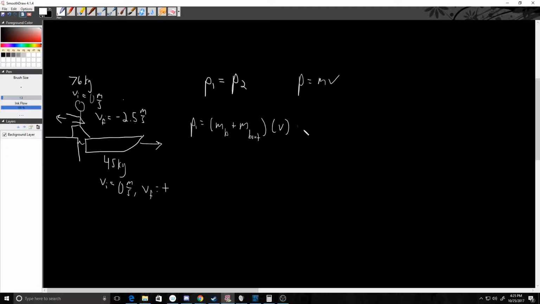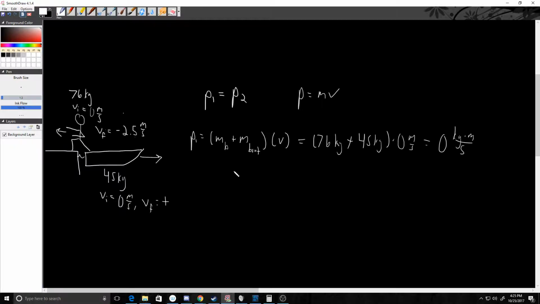The mass of the boater we said was 76 kilograms. The mass of the boat we said was 45 kilograms. Here's a big kicker though: that starting velocity for both of them was 0. So my actual starting momentum here is 0 kilogram meters per second. So that's easy. P1 is 0.